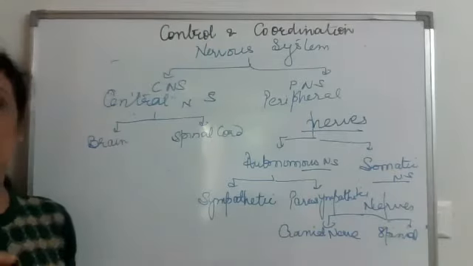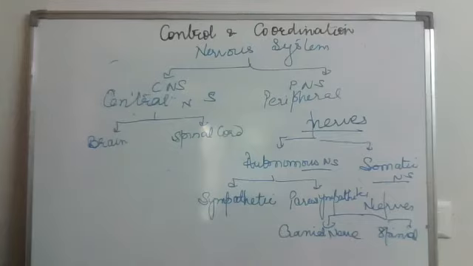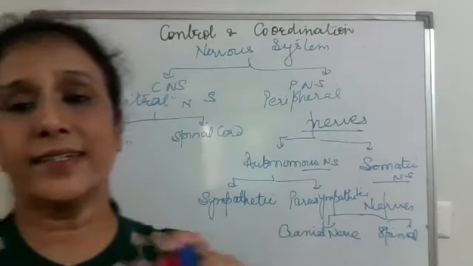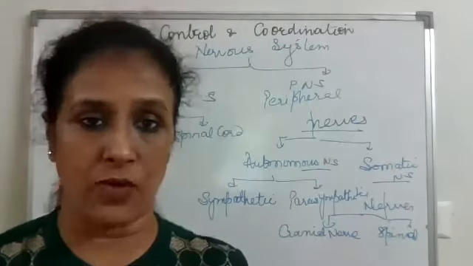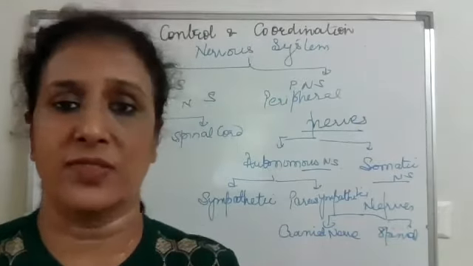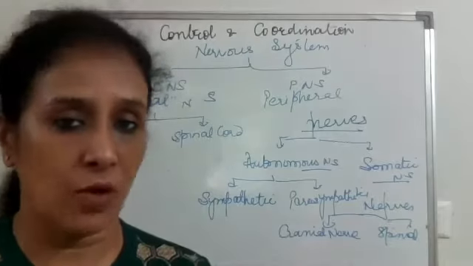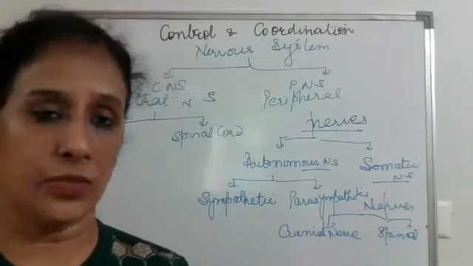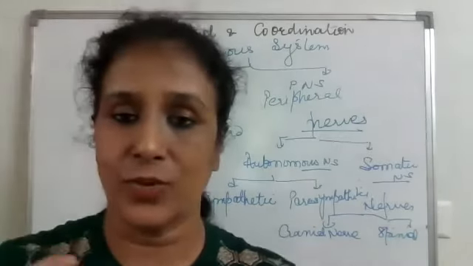Now, whether it is the central nervous system or the peripheral nervous system, the entire nervous system is made up of a basic type of cell called the neuron. So the structural and functional unit of the nervous system is known as the neuron.